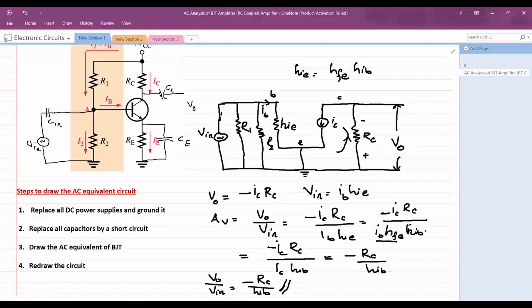This is the AC analysis of a single stage RC coupled amplifier with emitter bypass capacitor. The presence of the emitter bypass capacitor short circuits the emitter resistance. Therefore, in the AC equivalent circuit, the emitter appears to be grounded and the voltage gain is minus RC by HIB.